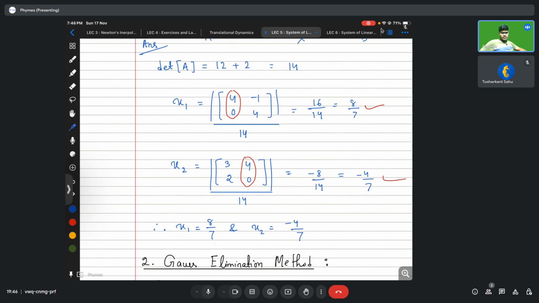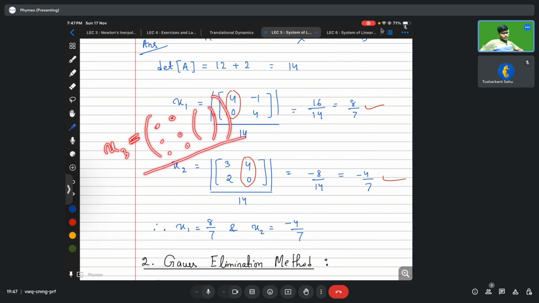If there was another variable x3, then while solving, you have to put the b vector in the third column of the coefficient matrix.